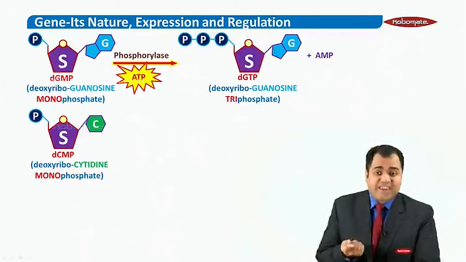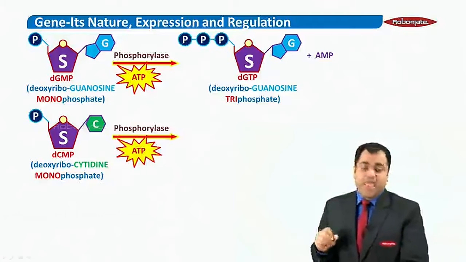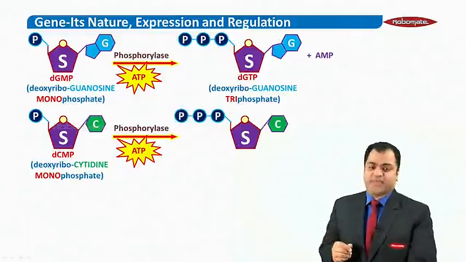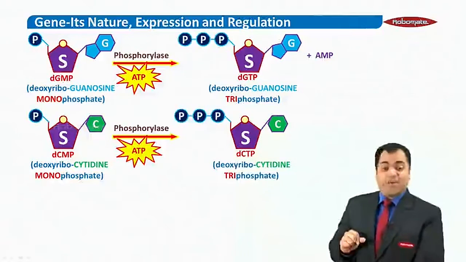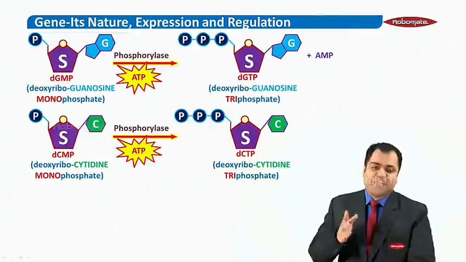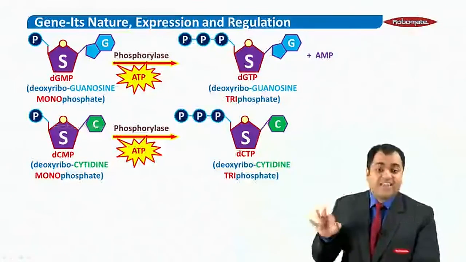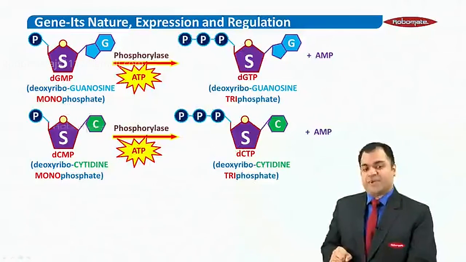Once again, I will activate it in the presence of phosphorylase enzyme and an ATP molecule. And what do I get? I'm going to get a triphosphate. What will I call this triphosphate? You guessed it right. I will call it DCTP, which stands for deoxyribocytidine triphosphate. And I will liberate a molecule of AMP.